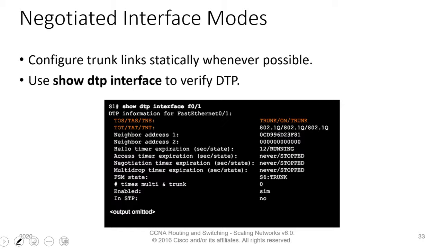So here, if you want to verify the status of DTP, again we can use this show command to see what is the nature of the configuration there. So whether it is a trunk or whatnot, we can verify like that.